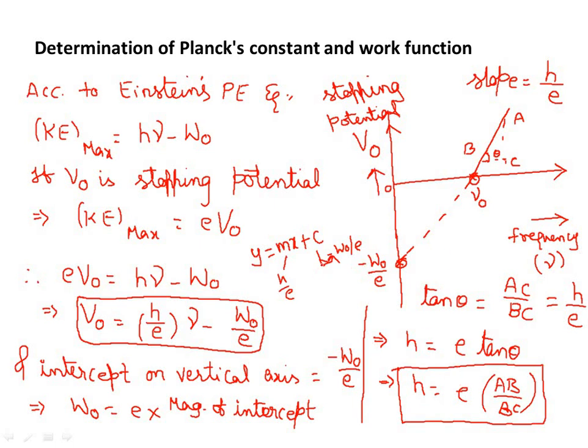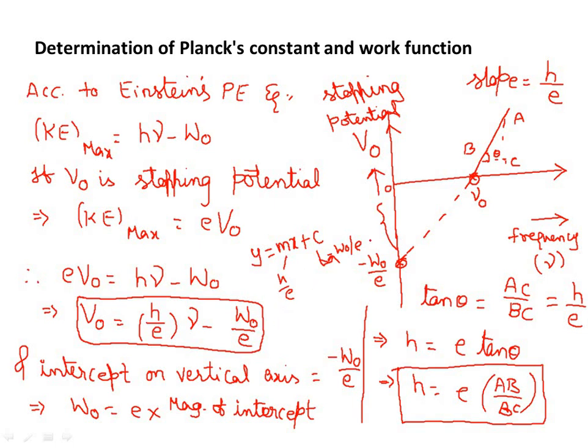Coming to the other part, which is the intercept C. Look at the y-axis, this part I am speaking about, this intercept. What we got was W naught by e. So from there, if we want to calculate the work function, W naught equal to e into the magnitude of the intercept. In the place of c, we got W naught by e, so compare that.